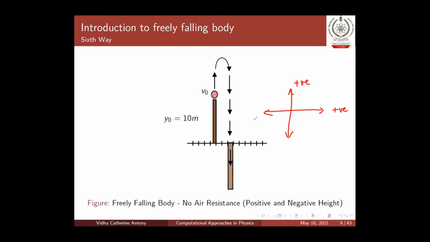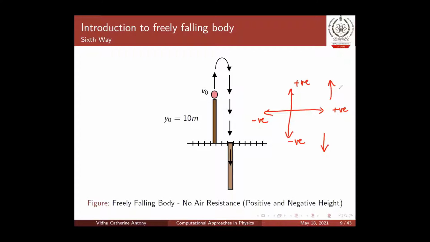If you're going in this direction, it's negative. I will cater all of these problems in this kind of format. All you have to remember is the coordinate axis. If there is a force acting this way, that force is going to be negative. If there is a force acting this way, that force is going to be positive. That's how I've catered this.